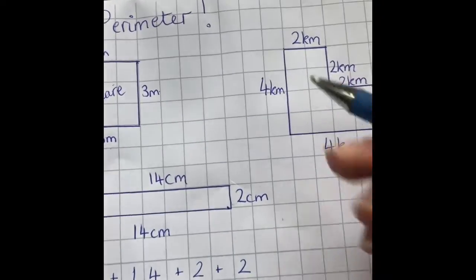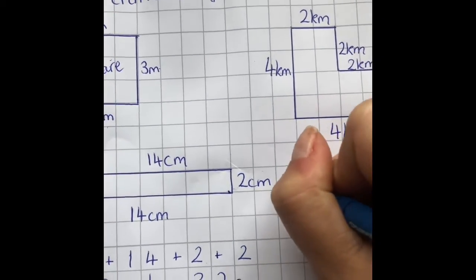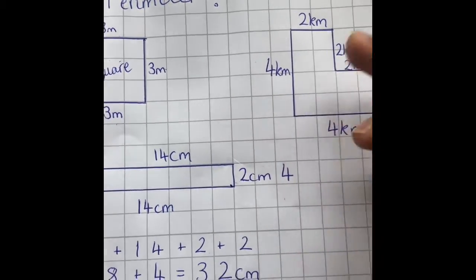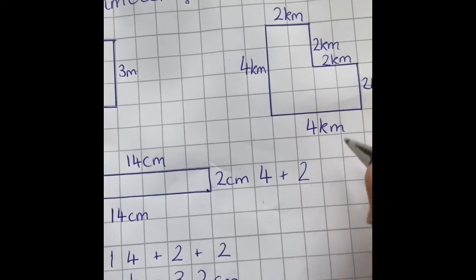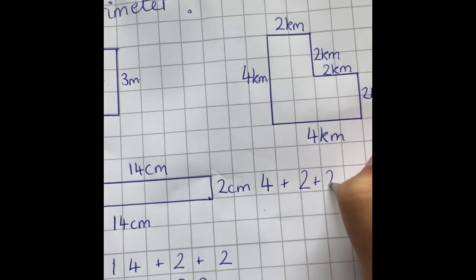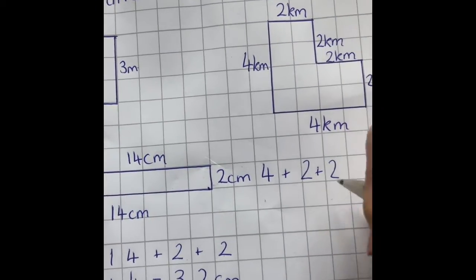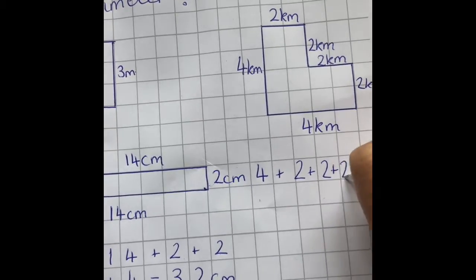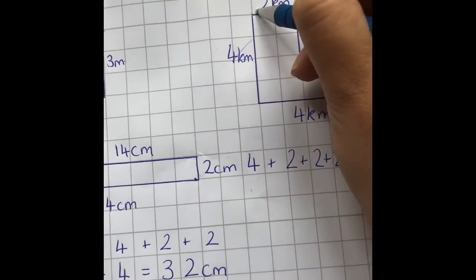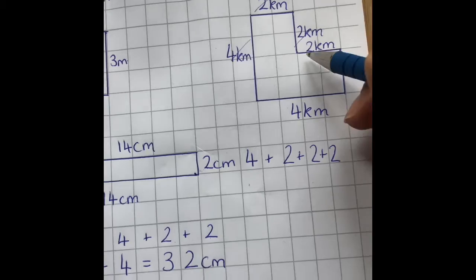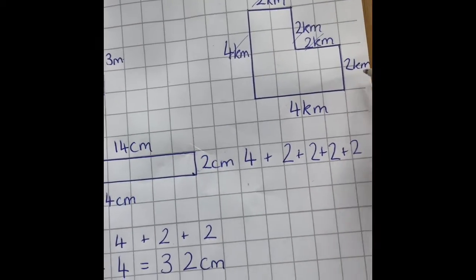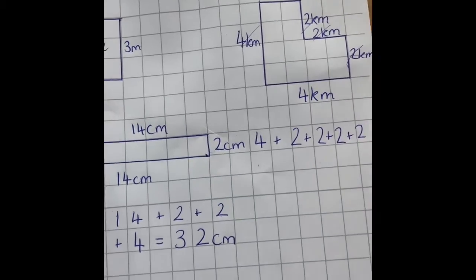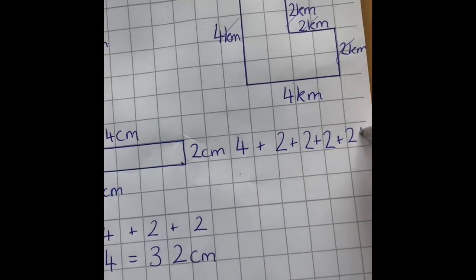So I have first, if I go this way, 4 add 2, add 2, so I've got to here now, add 2, so I've done 4, add 2, add 2, add 2, add another 2. Crossing them off helps me not get lost, that's why I do it.